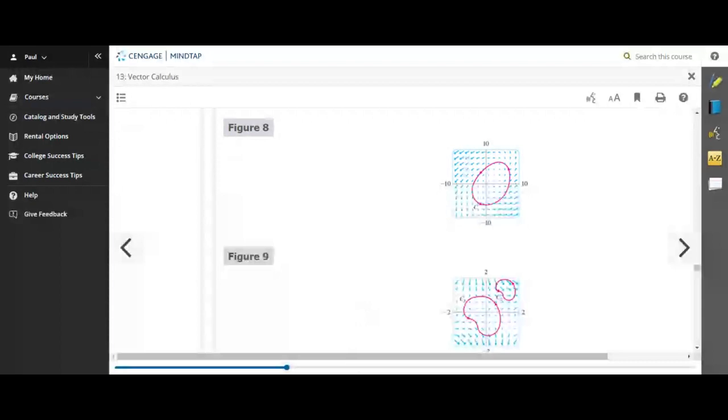Yeah. So if we go back to those pictures, figures 8 and 9. Figure 8, if you look at that closed path, does it look like, based on the vector field, if you're in the first quadrant, does the vector field seem to help the particle move along its path for figure 8?